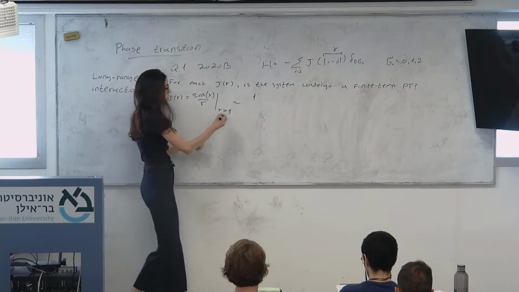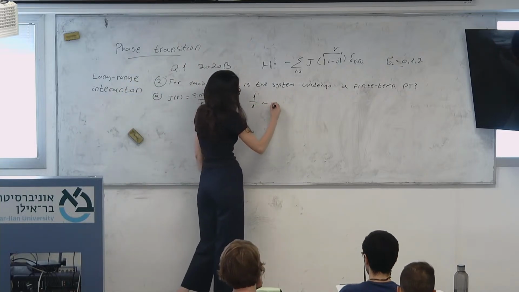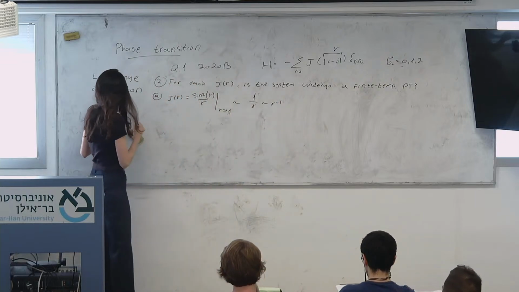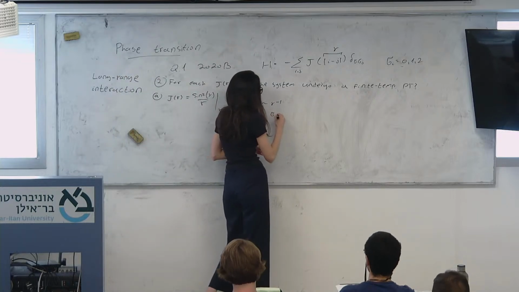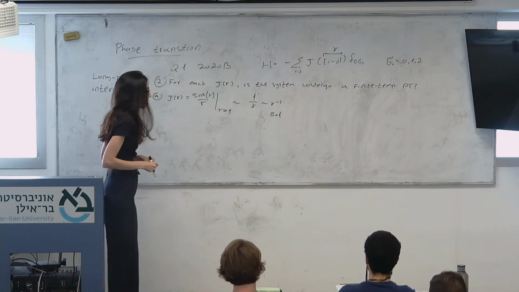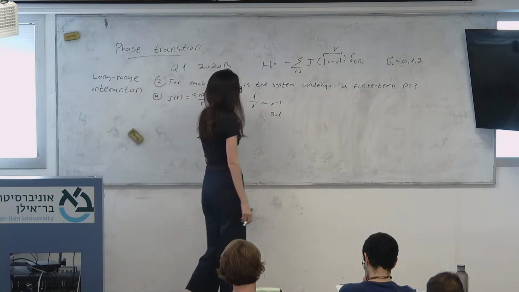And R is just R. So we can write that as R to the minus 1. If you compare that to what we had before, this is actually a case of sigma equal 1, right? And this is smaller than 2, obviously, which means we do have a phase transition.